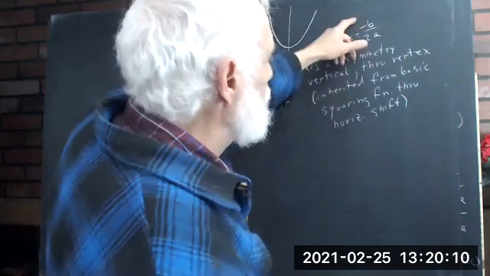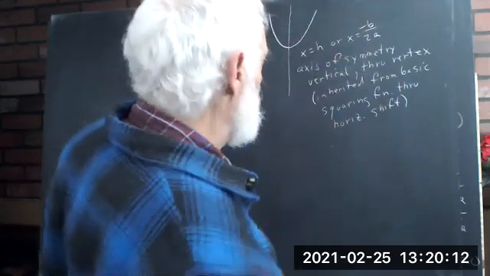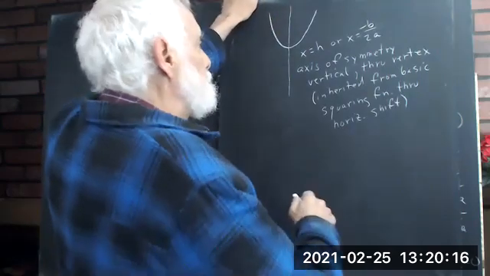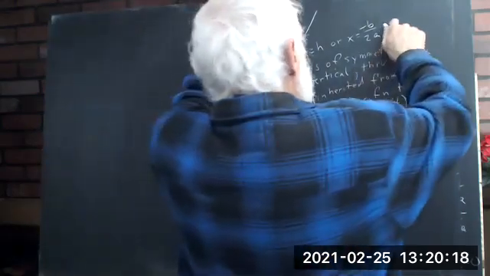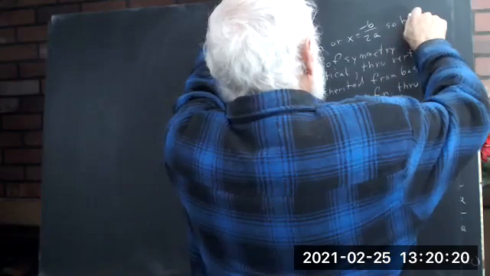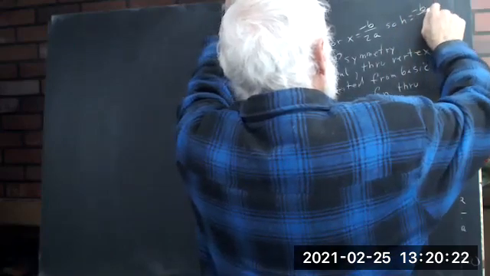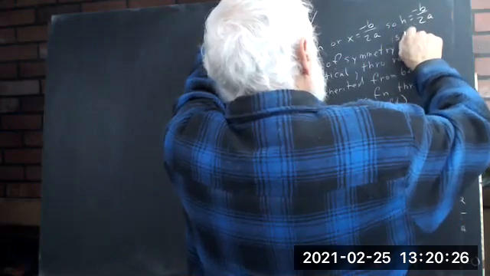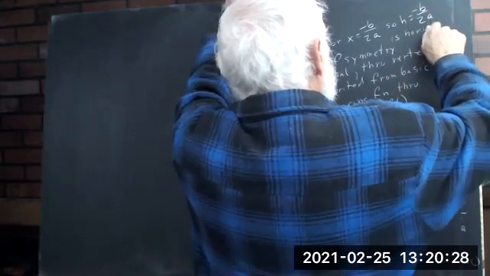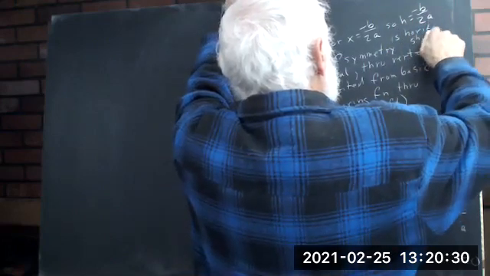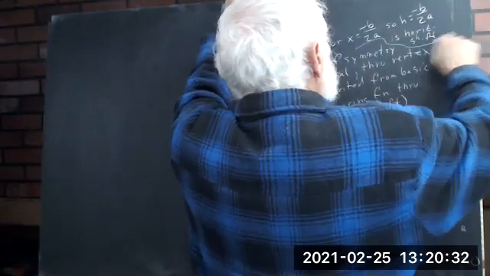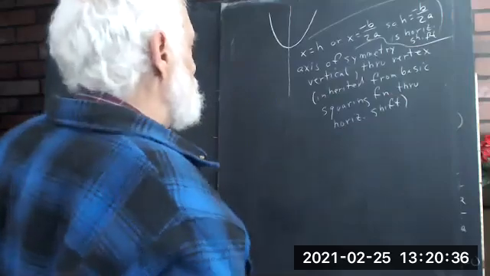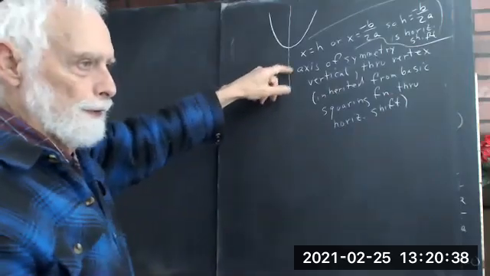And of course, negative b over 2a is your horizontal shift. That's your axis of symmetry.